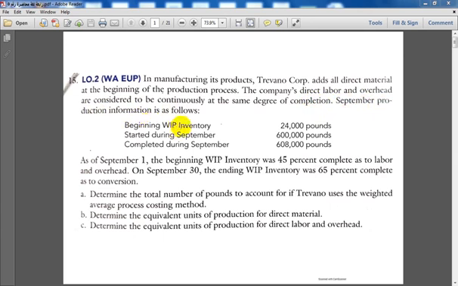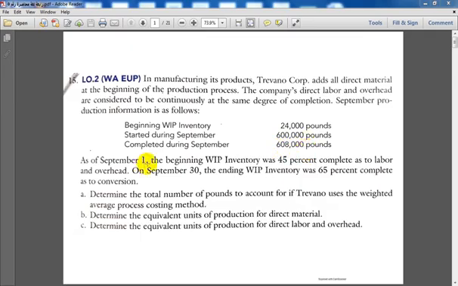Beginning work in process inventory: 24,000 pounds. Started during September: 600,000 pounds. Completed during September: 608,000 pounds.